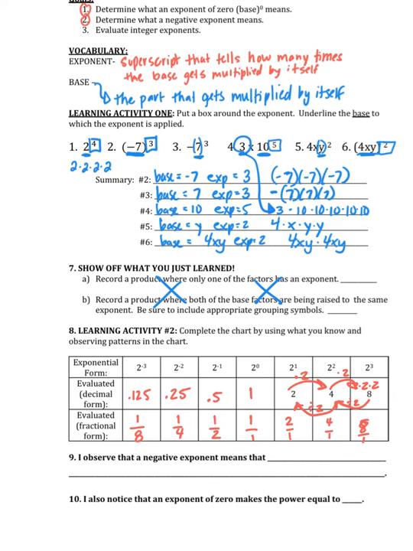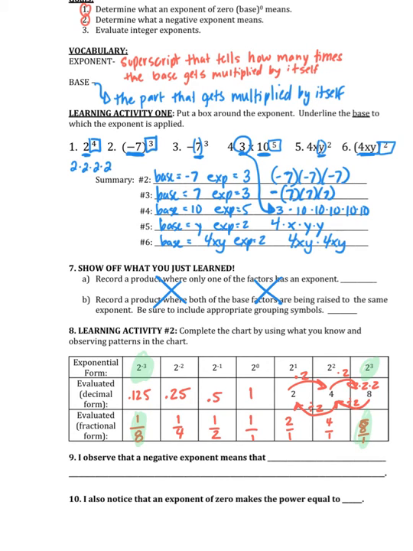So this is what I want you to notice. 1 over 8 is what we got for 2 to the negative 3. Compare that to 2 to the third, which is just 8. Basically the same answer, but flipped.